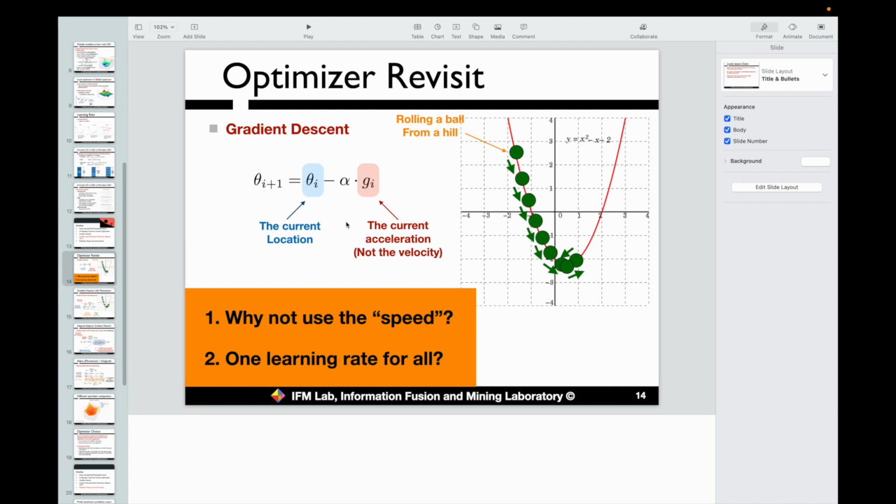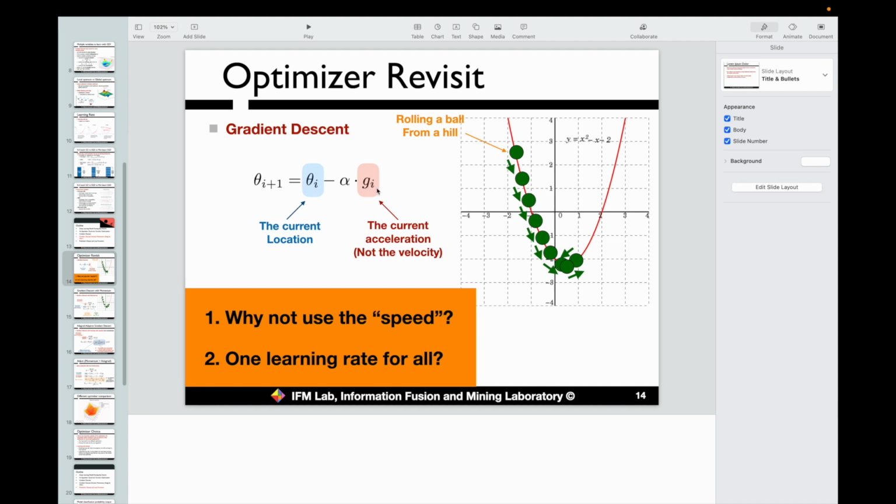And how about this g i? Does g i equal the current speed or not? Actually not.